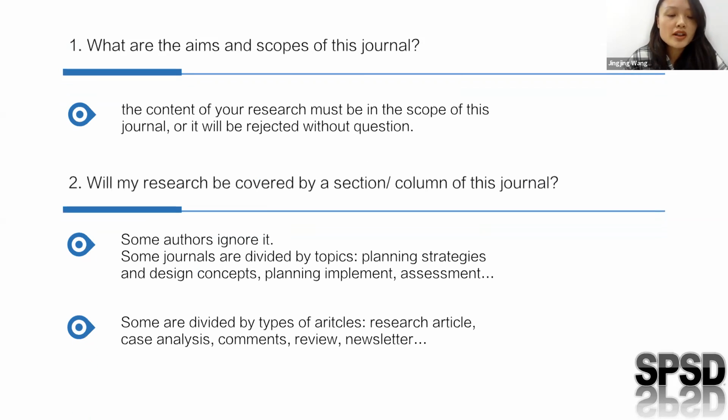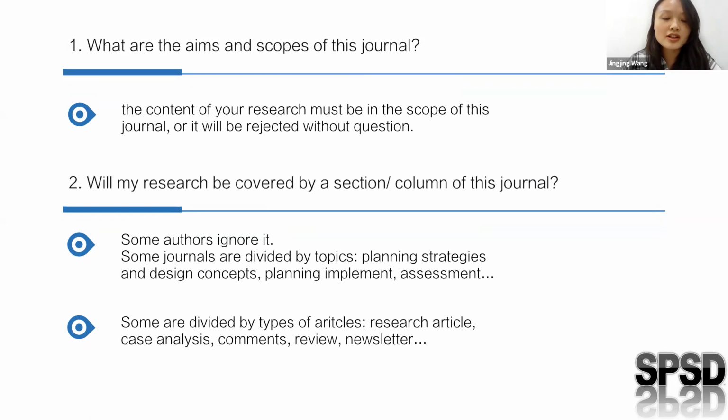But some authors ignore the second question. Will my research be covered by a section or column of this journal? This can relate to the content or type of your article. Some journals are divided by topics, like our journal IRSPSD.